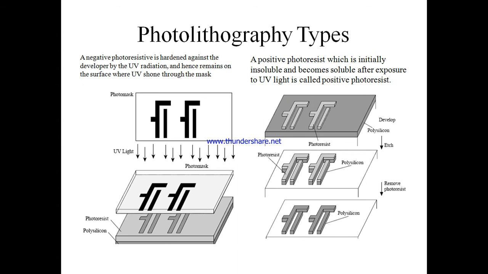One is the positive photoresist layer, and another one is the negative photoresist layer. A negative photoresist layer is hardened against the developer by the UV radiation, and hence remains on the surface where UV shone through the mask. A positive photoresist, which is initially insoluble and becomes soluble after exposure to UV light, is called positive photoresist.